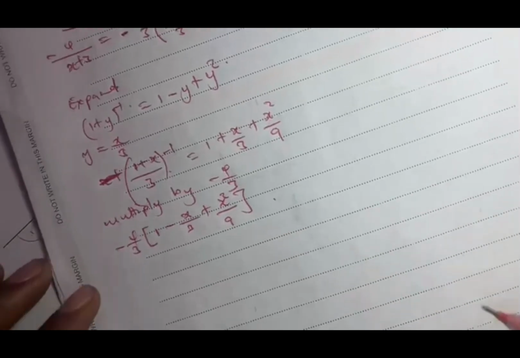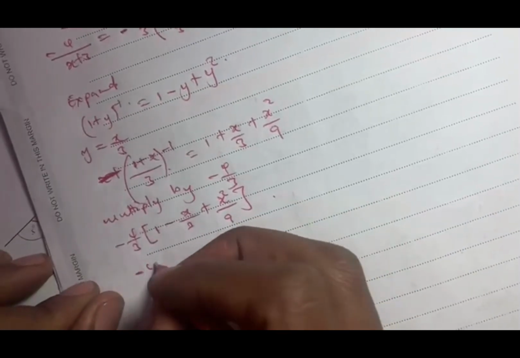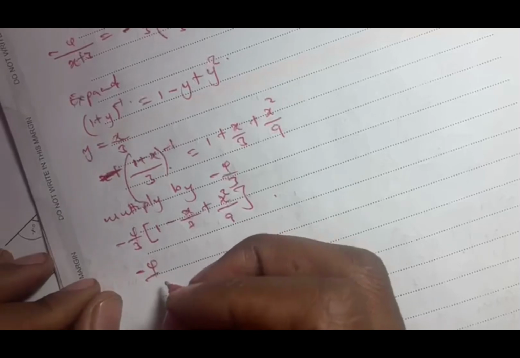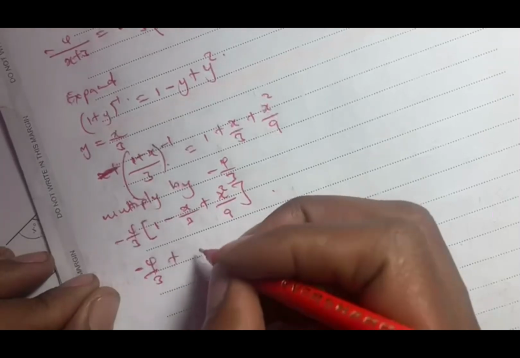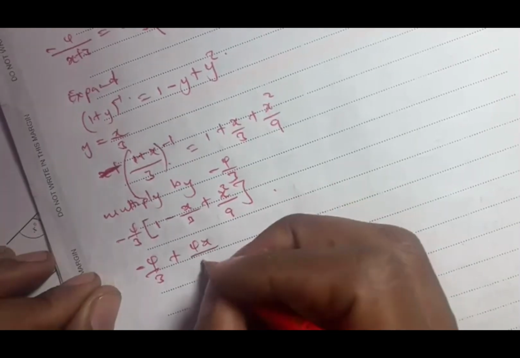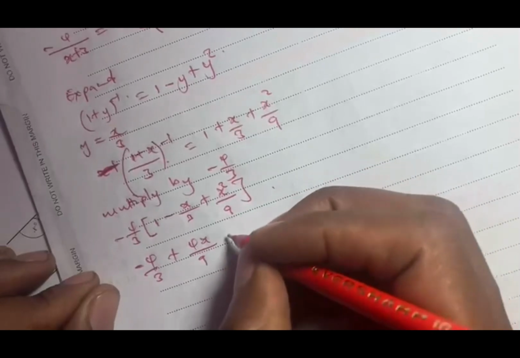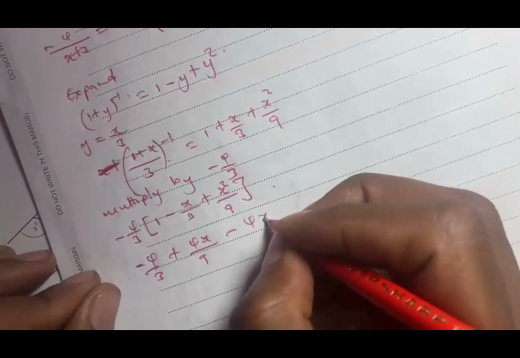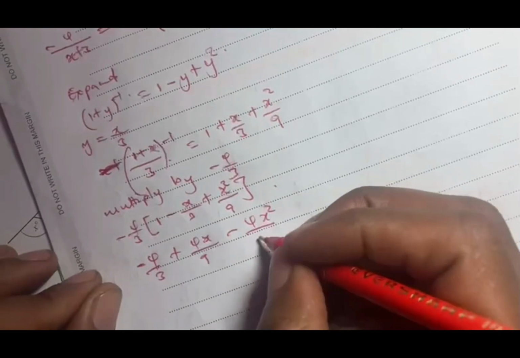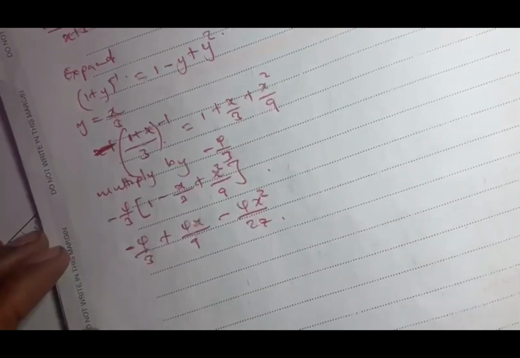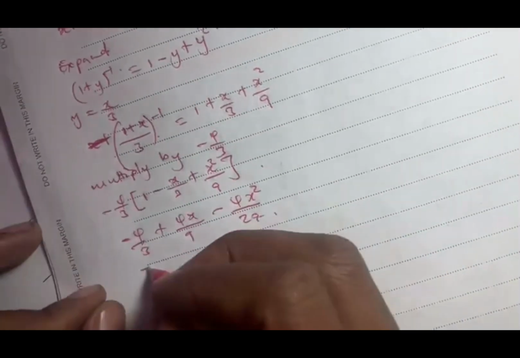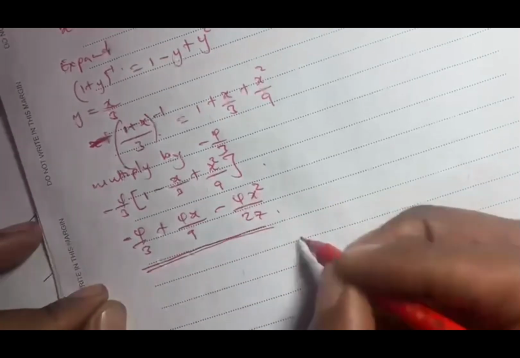Then this will give me minus 4 over 3 plus 4x over 9 minus 4x squared over 27. So that's term number 2, and term number 2 is done.